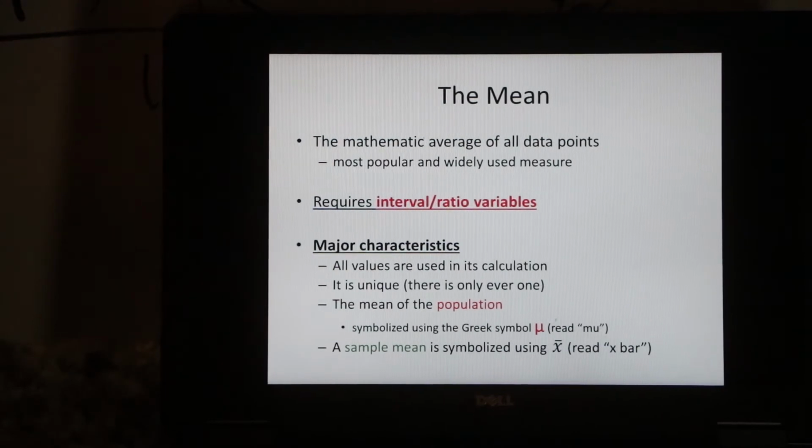And if you remember, a sample is just a small group pulled randomly from a population. And so we'll be going back and forth between what it means to have a mean or any other kind of statistic, but in this case, a mean from a sample versus the population.